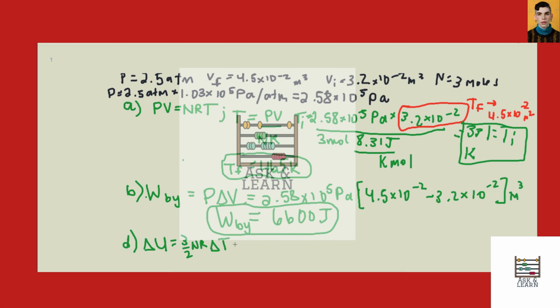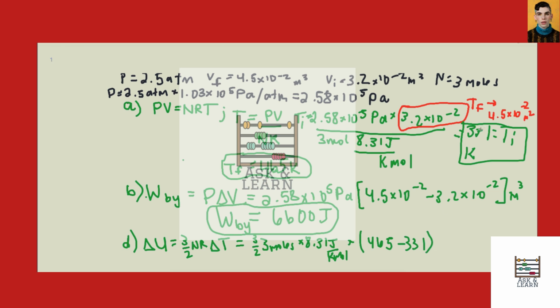And so we can just go ahead and plug in our delta T that we calculated in A. So n is 3 moles, R is 8.31 joules per Kelvin mole, and delta T is just 465 minus 331.